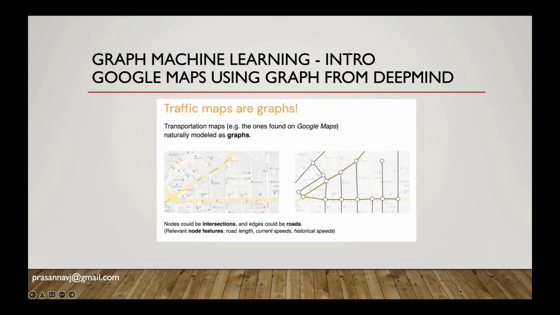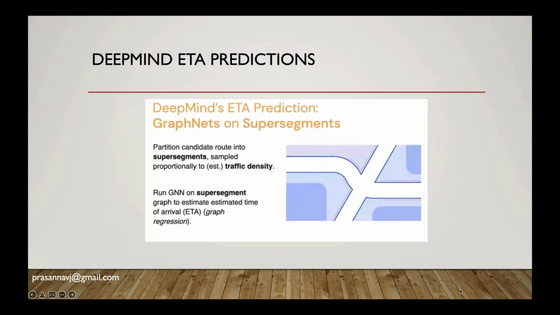One example: Google has collaborated with DeepMind, and DeepMind has created a specific algorithm using graph nets and supersegments for building Google's ETA prediction.